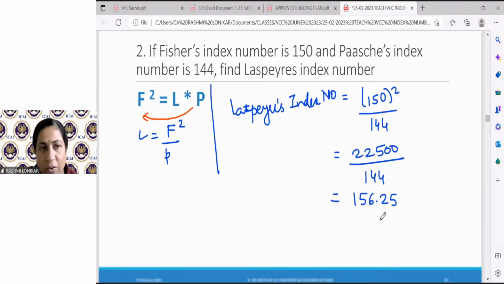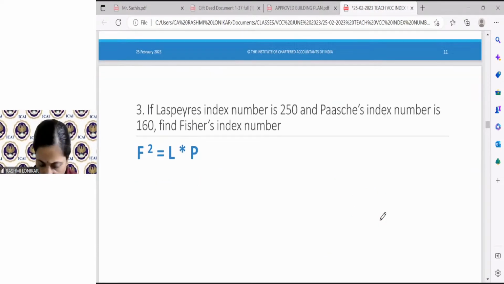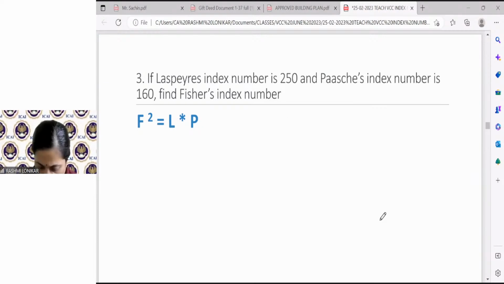So now can we go to the next sum? Yes, Kavya, Shreya, Pragati, Vaishnavi, Narendra. Yes, very good. Now we have the next sum. Laspeyres' index is given, Paasche's index number is given, and we are asked to find Fisher's index number. So F square is equal to L into P. L is how much? 250.